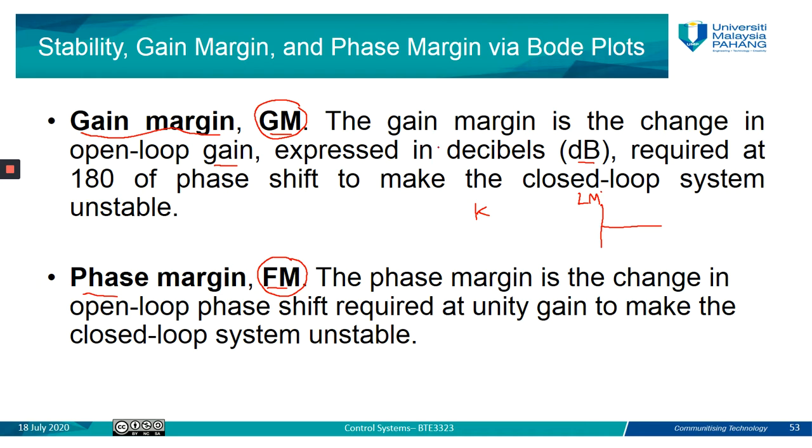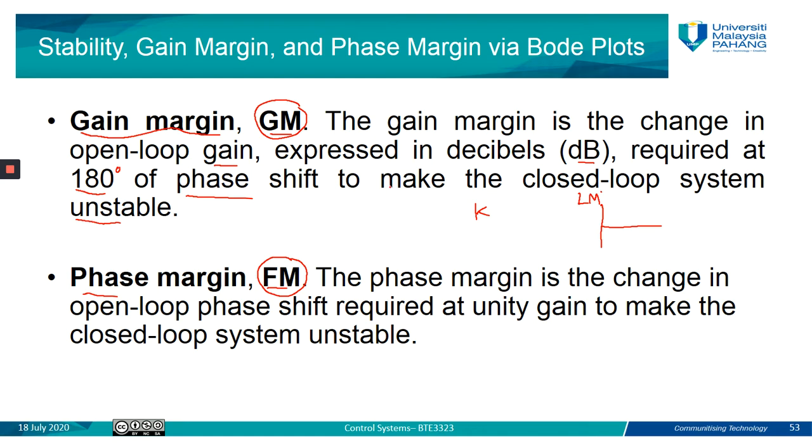This is expressed in dB, required at 180 degrees. That means what is the value of the gain in dB at the 180 degree phase shift in order to make our system unstable. This we call the gain margin. It is the value at which our system will change from the stable case into the unstable case.